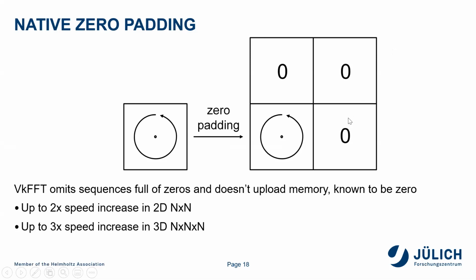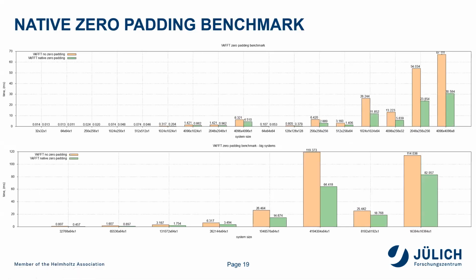And if you can do this, you can really reduce the amount of memory transfers and the computations, and get up to 2 times speed increase in 2-dimensional problems and 3 times speed increase in 3-dimensional problems, as can be seen here on this benchmark. So this system can be seen as zero padded in green and non-zero padded in yellow.